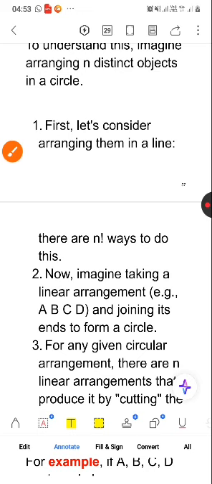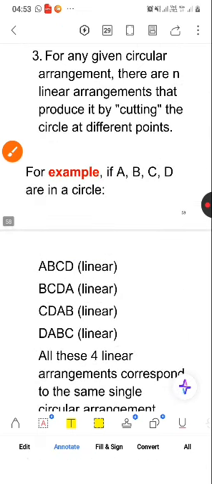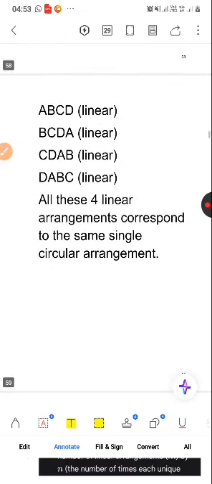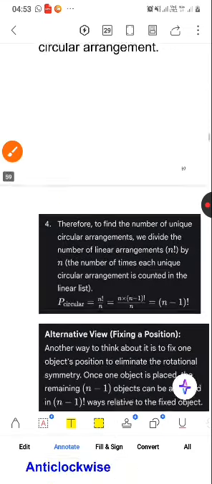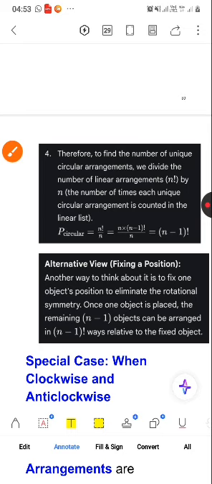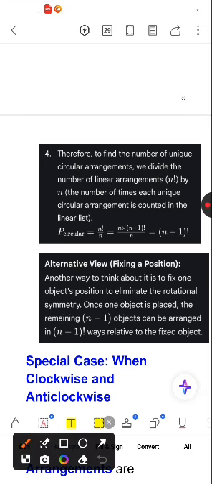Therefore, to find the number of unique circular arrangements, we divide the number of linear arrangements, that's the factorial, by the number of times each unique circular arrangement is counted in a linear list.